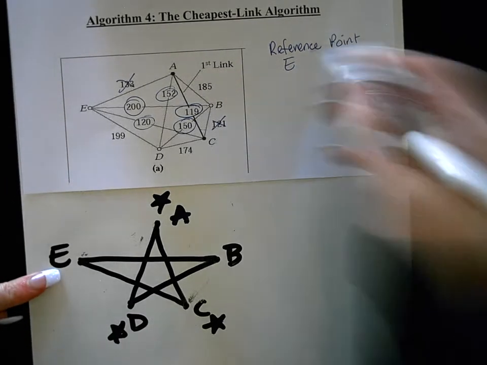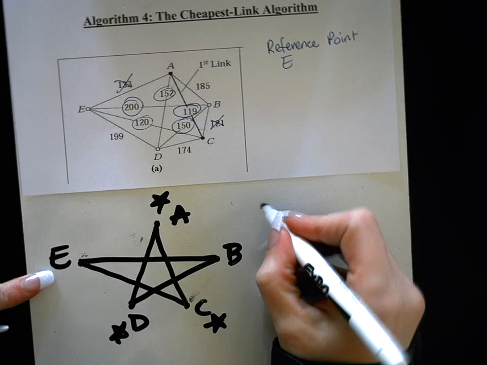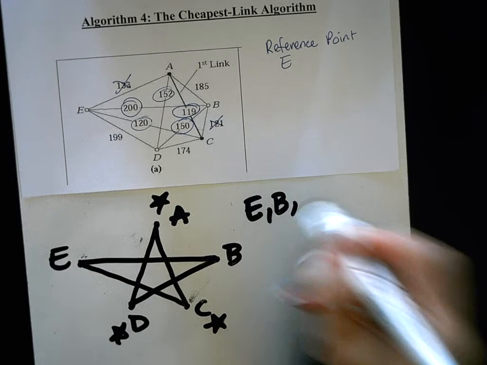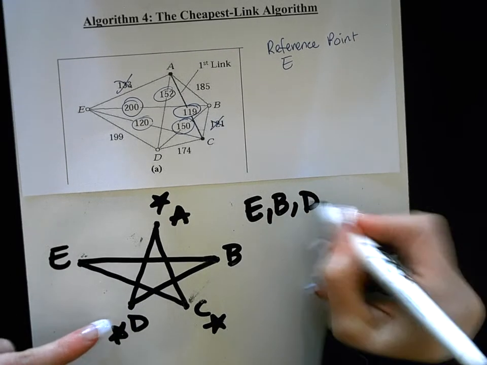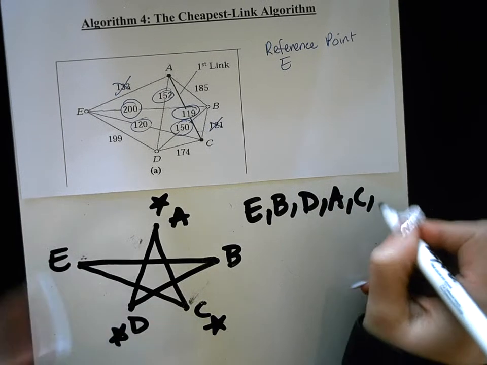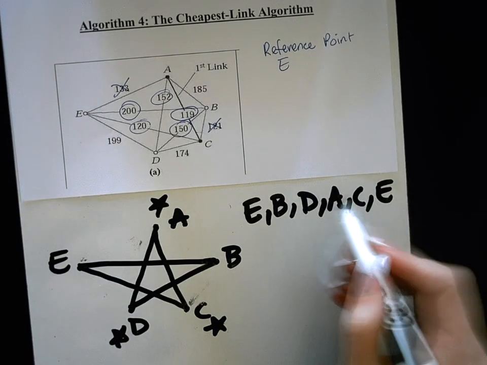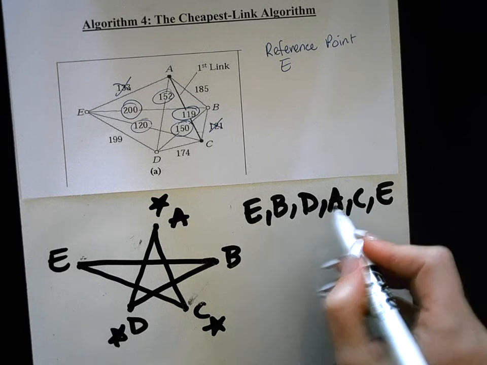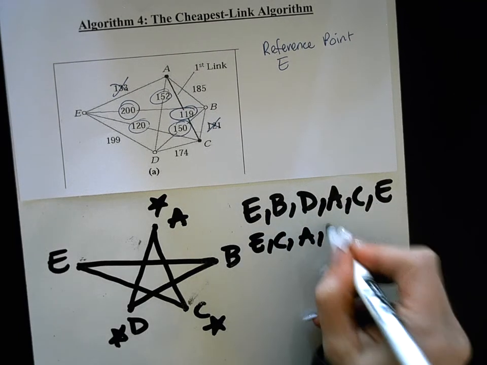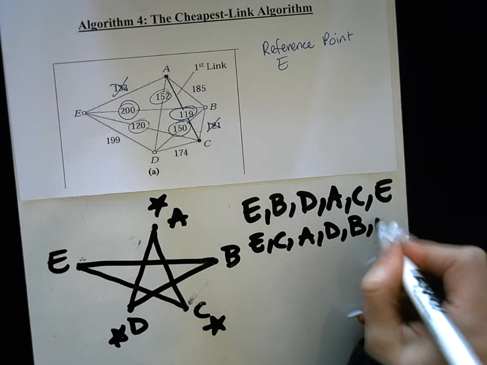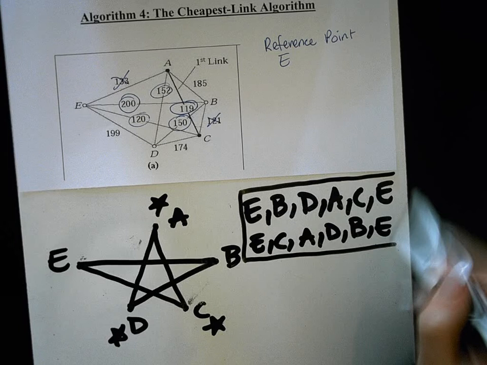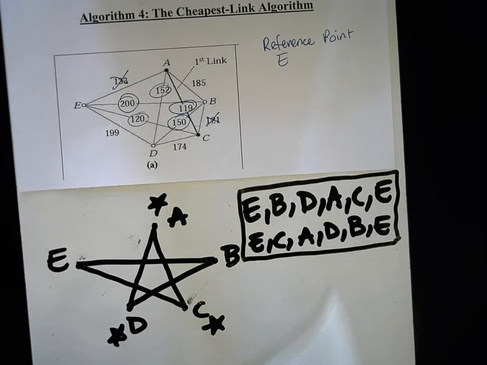So we're going to use our reference point of E and have E to B to D to A to C and then back to E, or the mirror image, E, C, A, D, B, E. And you could add up all the weights of all those edges for the total cost.